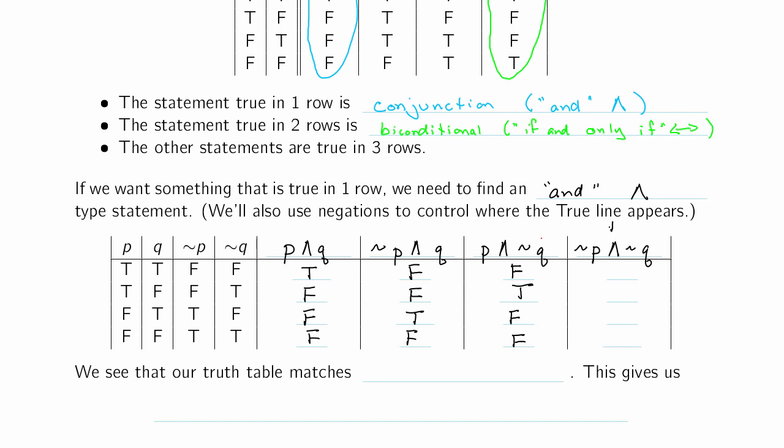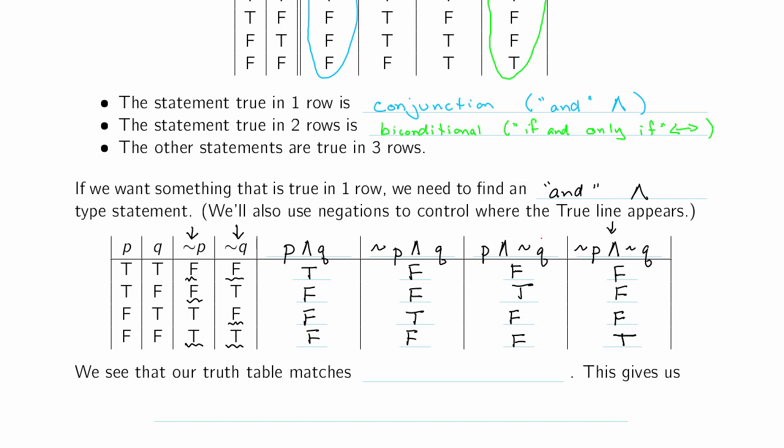Then finally, for not P and not Q, we'll want to look at the not P column and the not Q column, and we'll and those together. The first row, both of those are false, so and is false. Here, not P is false, so and is false. Not Q is false, so and is false. And then here in the last row, both statements are true, so and is true.